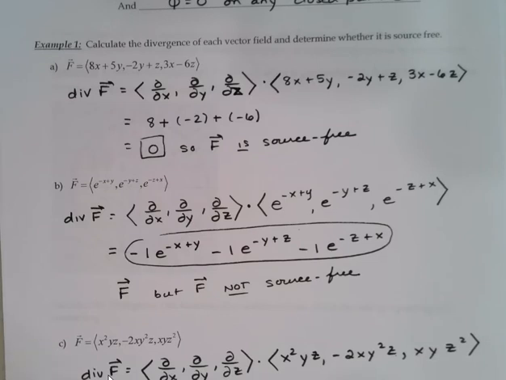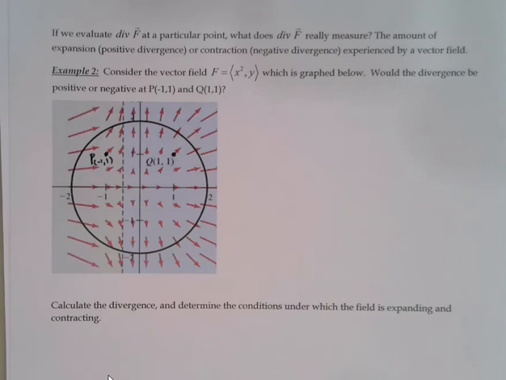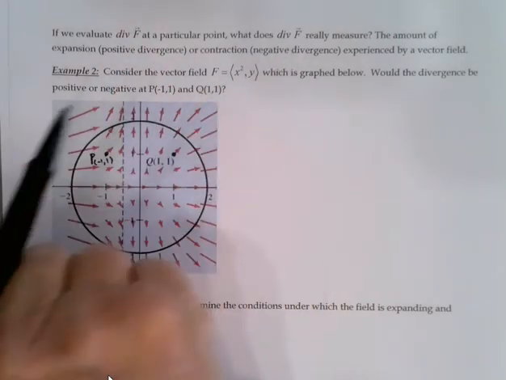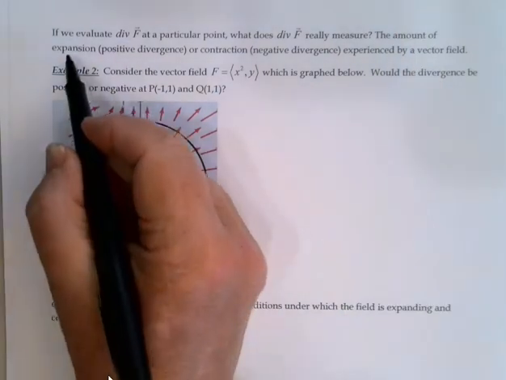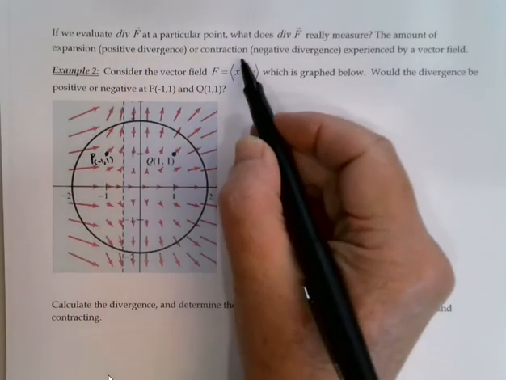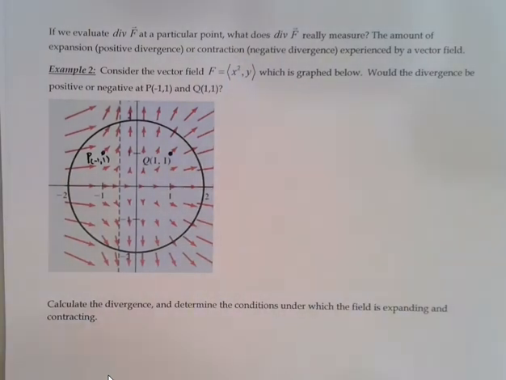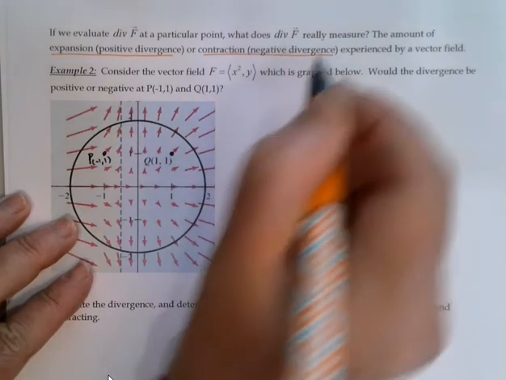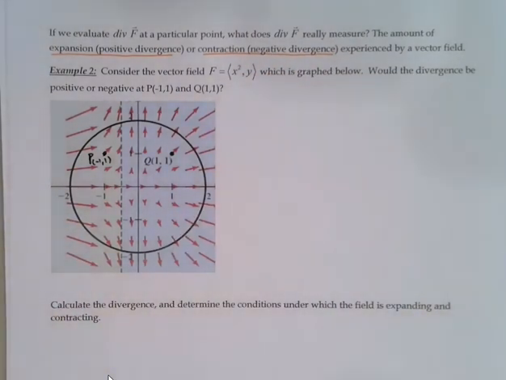What does that mean? Well, if we evaluate divergence of f at a particular point, it measures the amount of expansion if we have positive divergence, or contraction if we have negative divergence, that the vector field is experiencing.